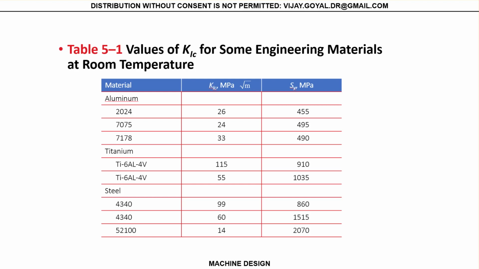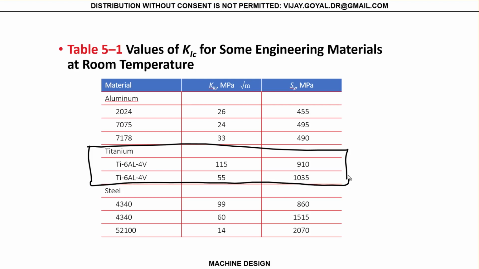Okay, so the problem is saying, go to table 5.1 and choose these two different titanium materials, okay? From these two titanium materials, choose the one that actually will make it safe and minimum weight is required. Now, the minimum weight requirement, what he's saying is, I want to make sure if I want minimum weight, right?